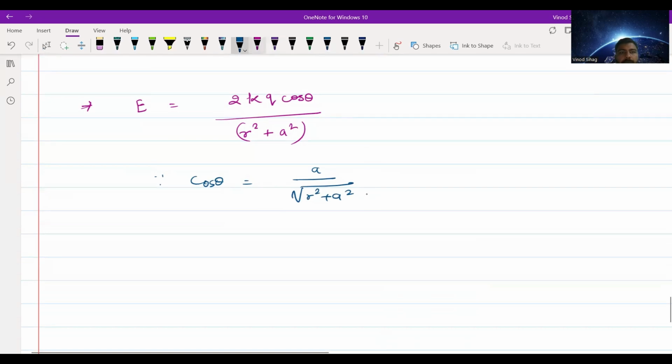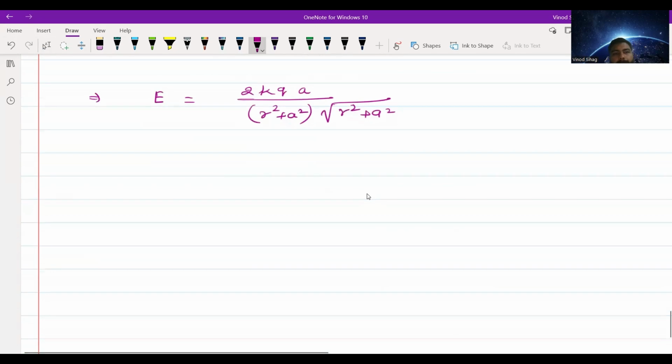So the equation will become, इलेक्ट्रिक फील्ड का इक्वेशन क्या हो जाएगा? E will be 2kq into A upon R square plus A square, और इसके मल्टीप्लाई में आ जाएगा square root of R square plus A square.